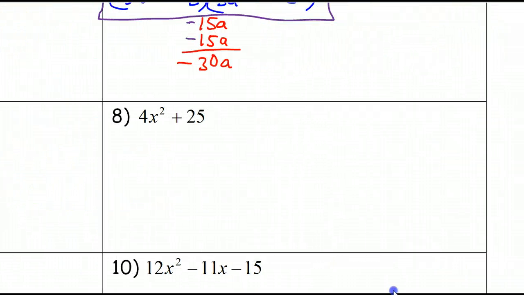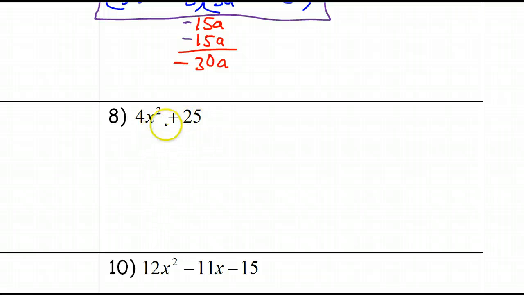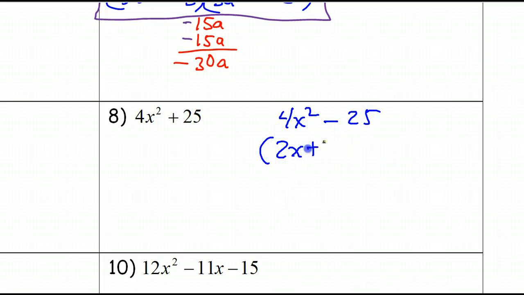Alright, how about number 8? Nothing, okay? If this were subtraction, I would do 4x plus 5. If this had been 4x squared minus 25, then we would have had 2x plus 5 times 2x minus 5, alright?